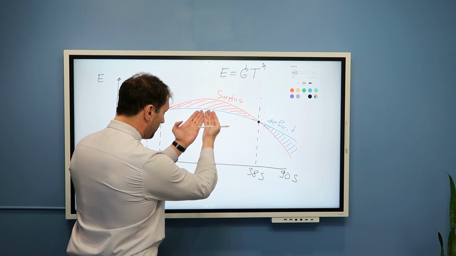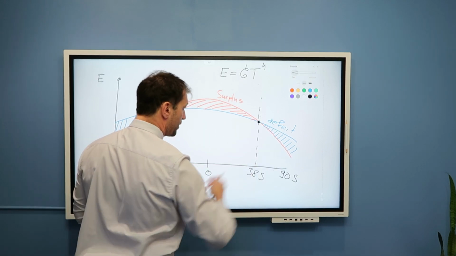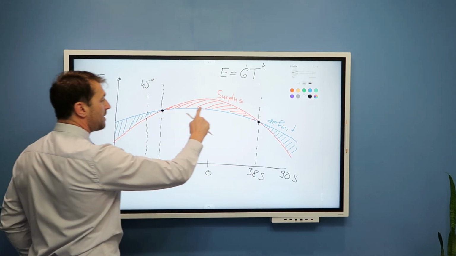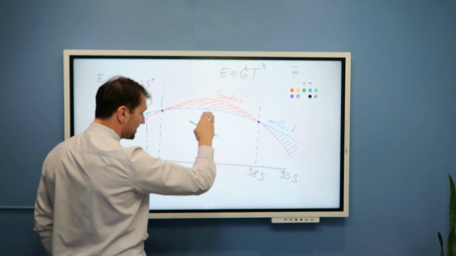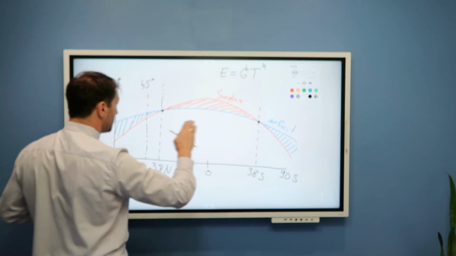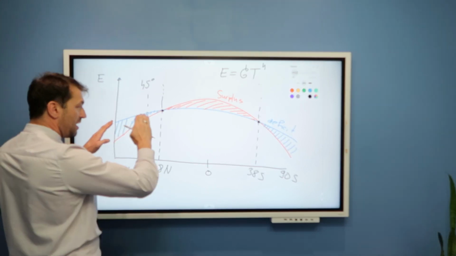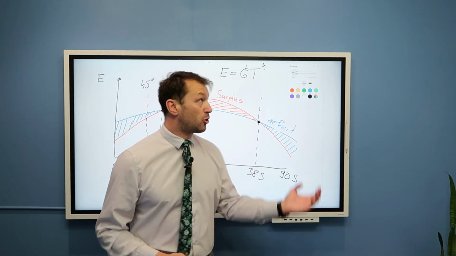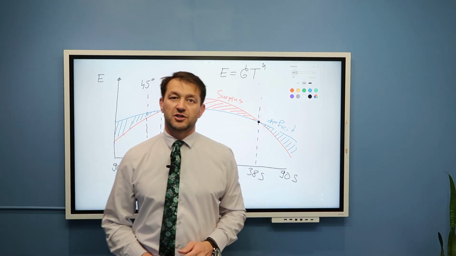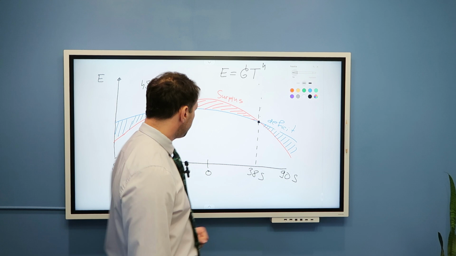But temperature in tropical regions is higher than temperature in polar regions, so the amount of energy that Earth radiates into space from the tropical region is consequently higher than the amount of energy that we radiate from polar regions, because polar regions are cold, and this relationship holds.